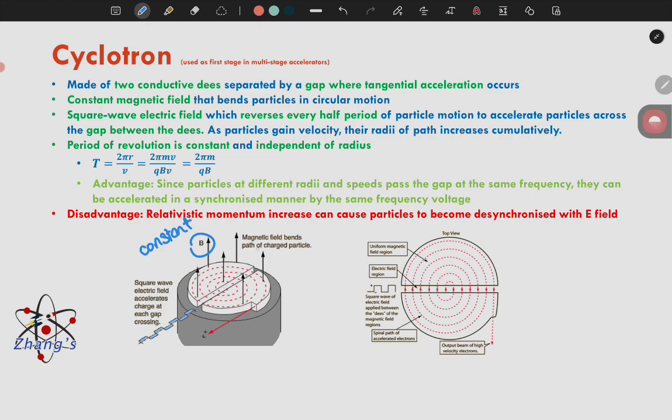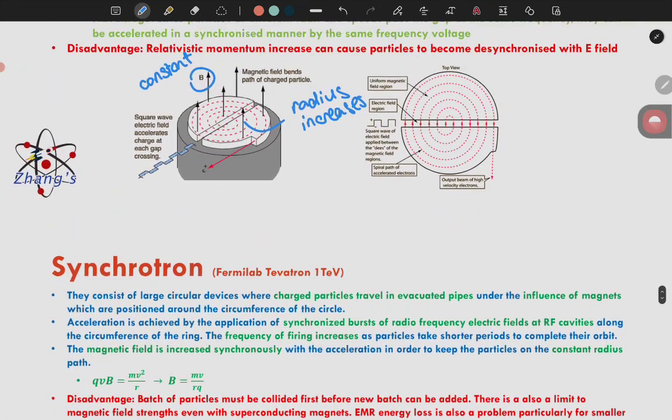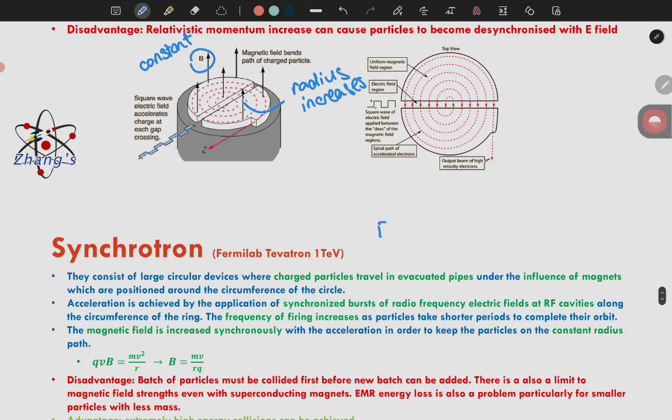That's what increases, right? Now, in a synchrotron, the idea is exactly the opposite. The magnetic field increases, but the radius is constant. So that's how you can frame the two different accelerators in your head.